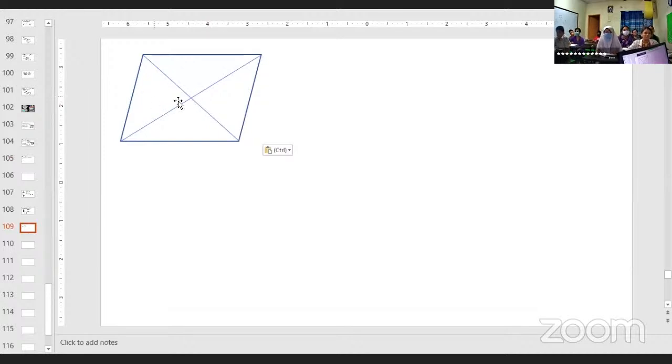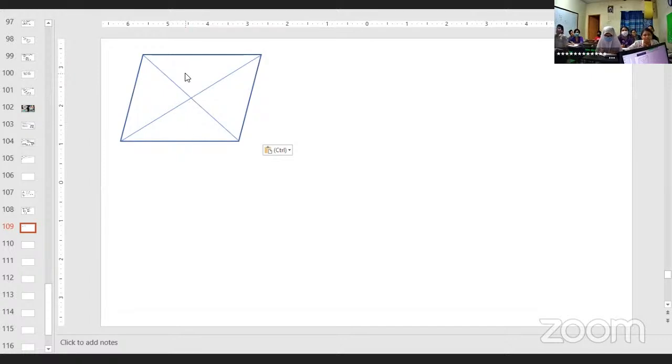So their heights will also be equal. The vertically opposite triangles will be equal in all respects, but the adjacent ones are not.